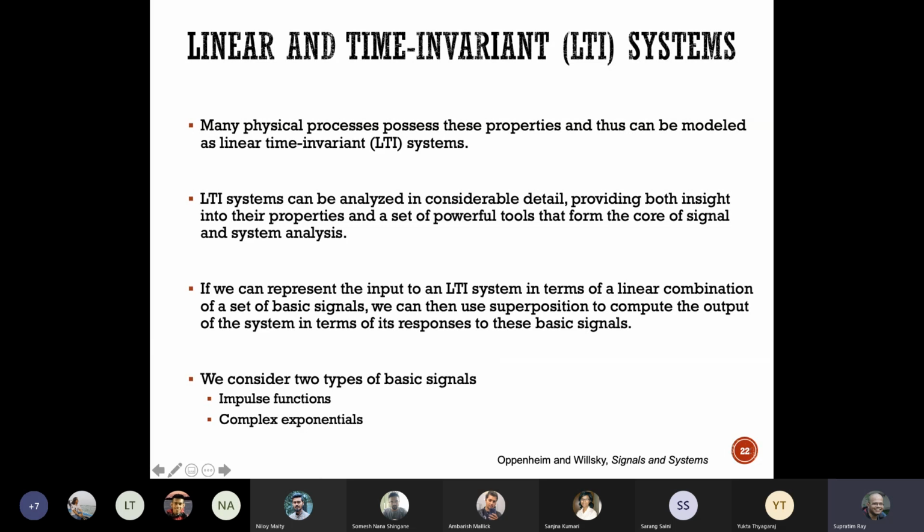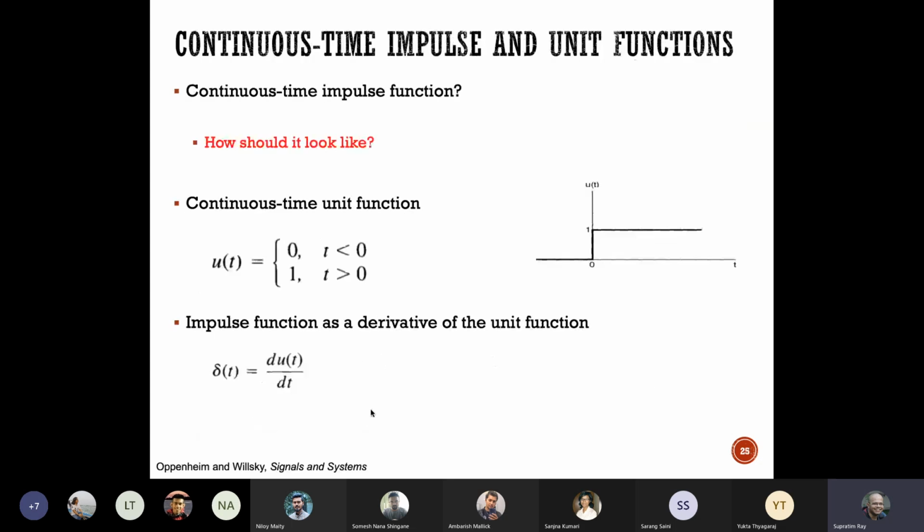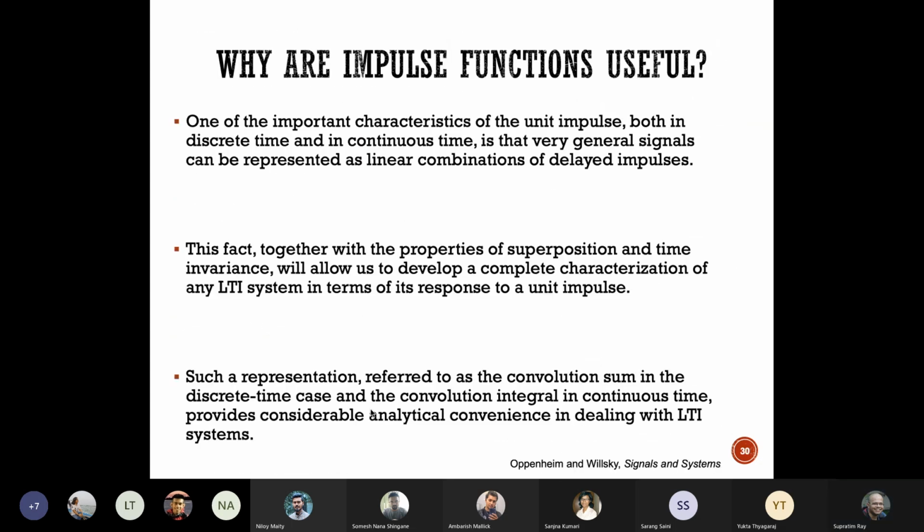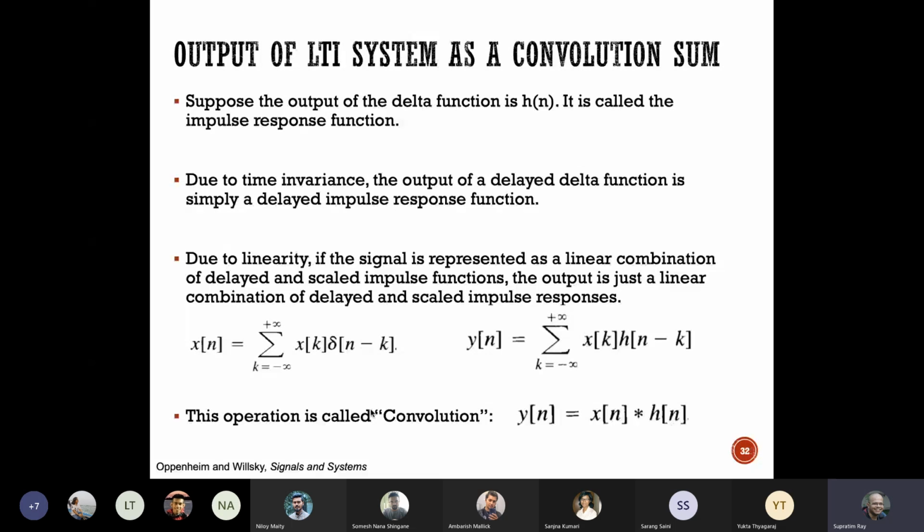So we considered two types of basic signals, impulse functions, and we looked at the impulse response function, which is the response of the system when you give an impulse function as an input.